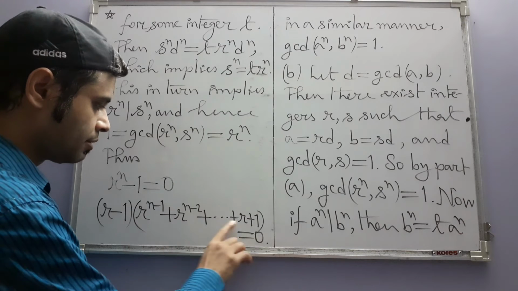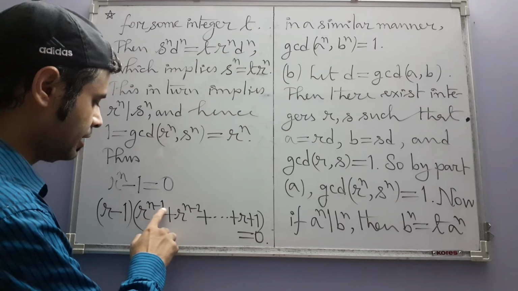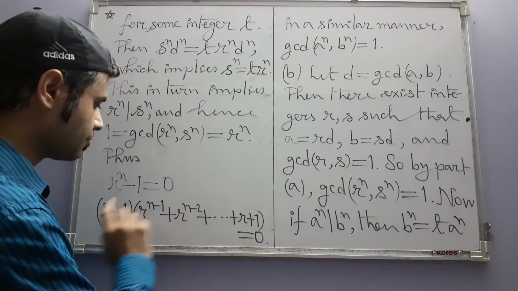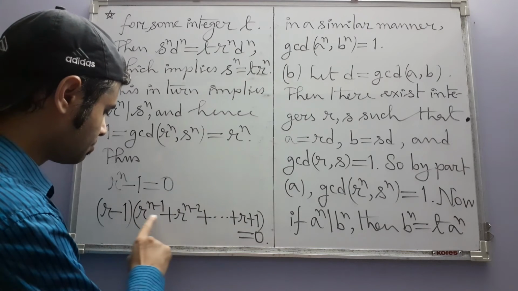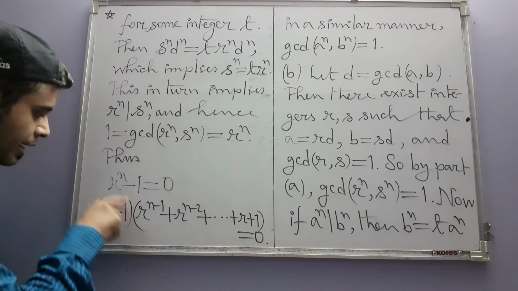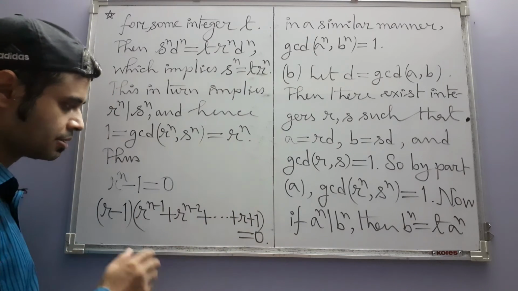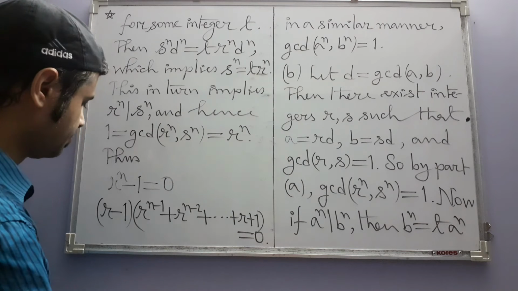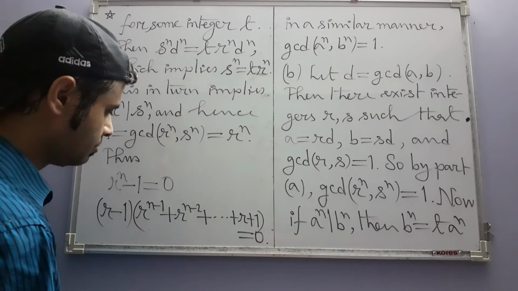All we have are powers of r, and we are taking their sum up to the n minus 1th power starting from 1. So this thing will be positive. So the product being equal to 0 would then imply that this has to be equal to 0. There is no chance of this ever becoming 0 if r is positive. So from that we will be able to conclude that r is equal to 1.